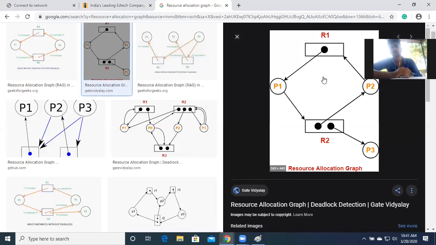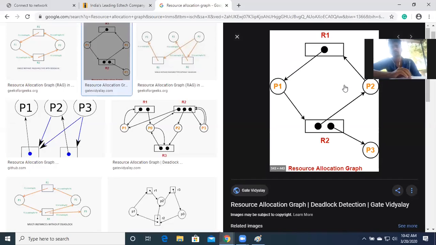The problem here is why resource 1 is not assigned to P2: resource 1 is having only one instance. Only one instance of that resource is available, so either it can be assigned to P1 or P2. It is already assigned to P1, so P2 is requesting that once R1 is finished with P1, it can be assigned to P2.